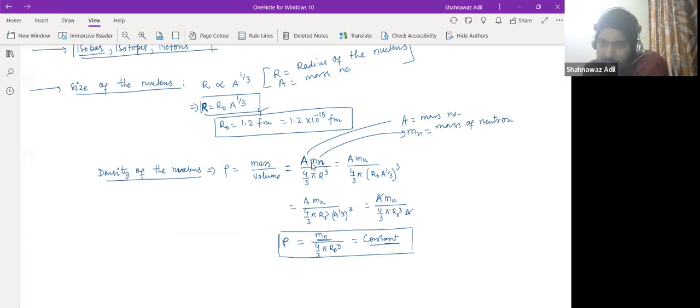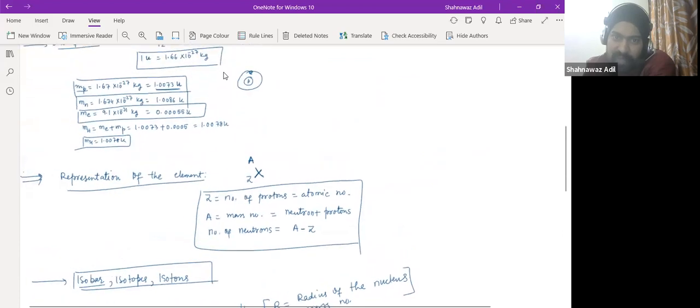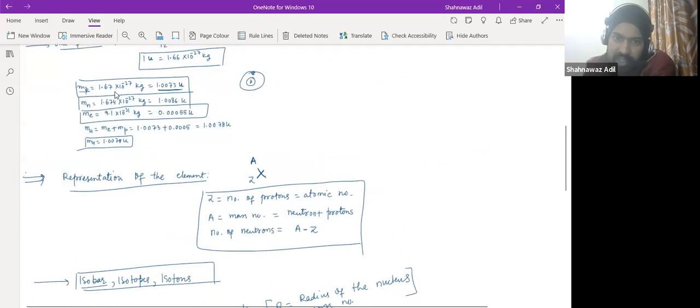So then the mass of the nucleus would be how much? Let's say A is the number of protons plus the number of neutrons. We have approximated them because the mass of the neutron and proton are nearly the same, 1.67, right?